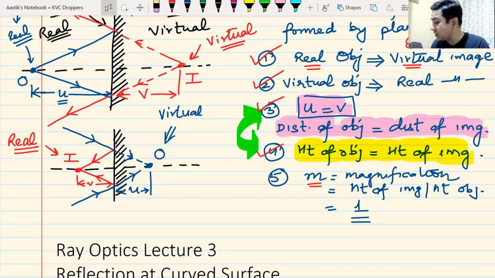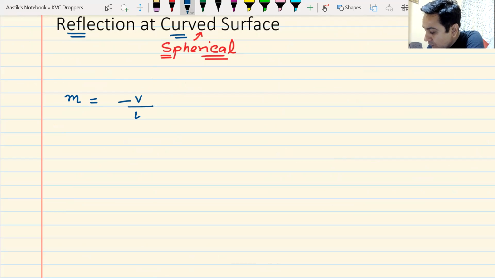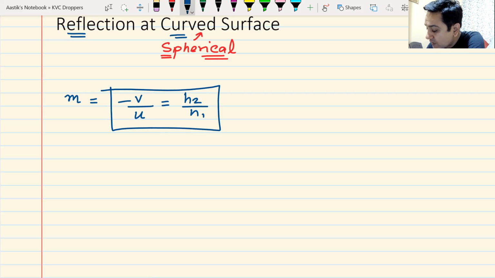What we have seen just now is that magnification for a mirror is minus v by u, where v is the distance of the image, u is the distance of the object, and that is equal to h2 by h1. This is how these things are related. h2 stands for the height of the image, h1 for the height of the object. Do we understand this?